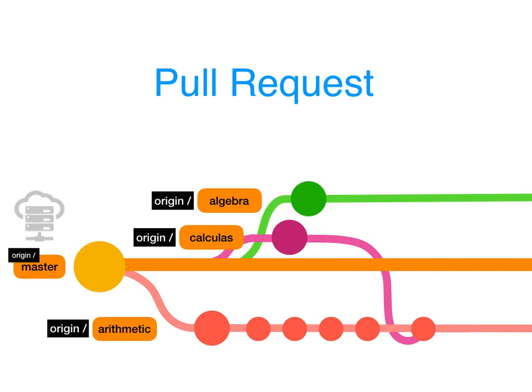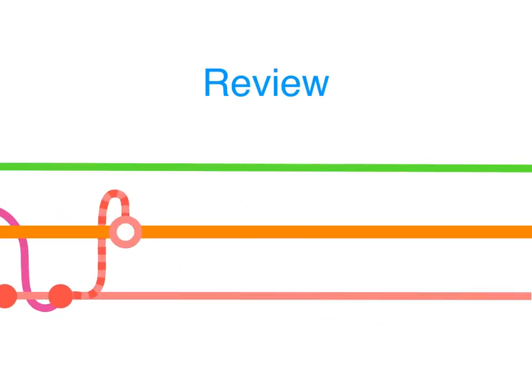A pull request is a formalized way of making sure your team knows what you've written and what you're trying to merge into the master branch. Once you make a pull request, it'll eventually create what we call a review. In the review phase, everyone has to go through the code.